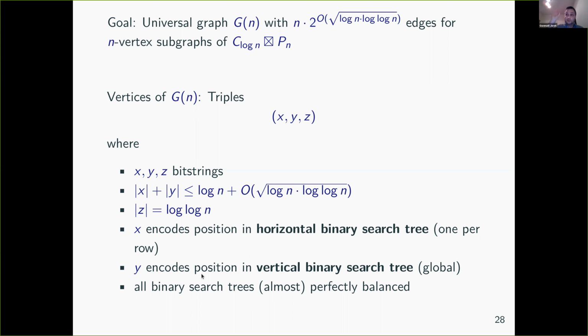And y will encode the position in that binary search tree of the row. X will encode a position in a horizontal binary search tree. But now the difference is that it's not global.